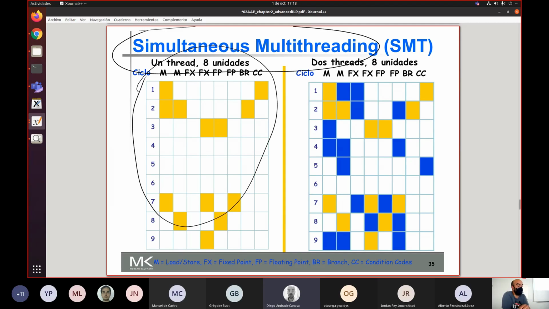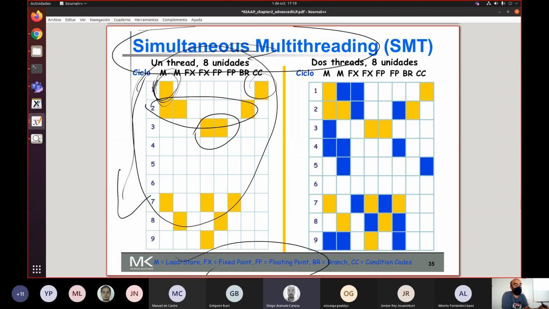This is time in the processor, measured in cycles, and these are the resources available in the processor. Every column is a different resource, and this is the legend. In the first cycle, I execute two instructions, and they occupy two different resources. In the next cycle, I use three different resources, and so on.